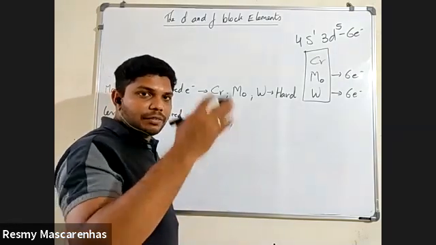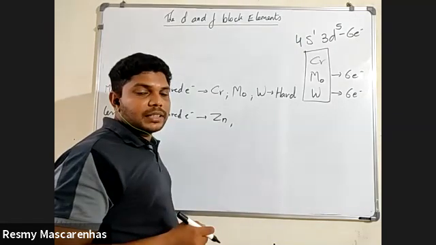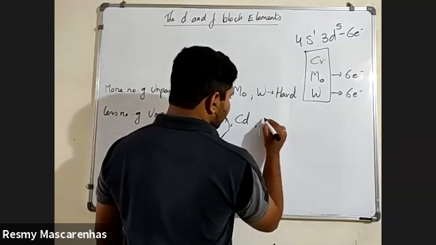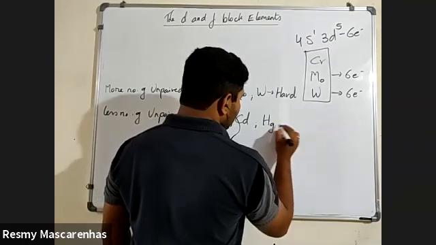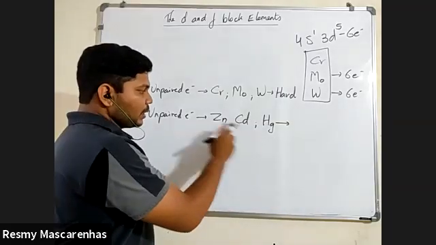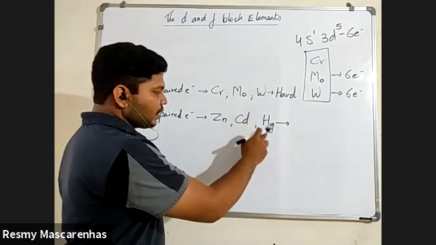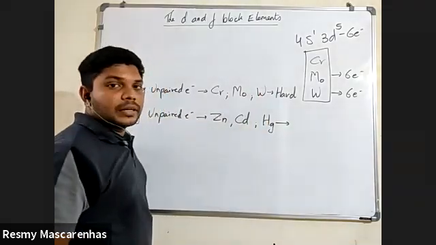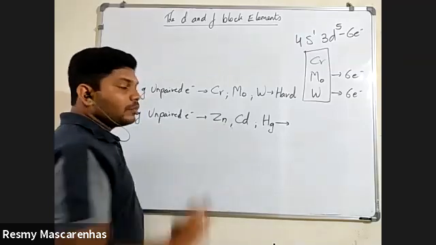Zinc is in the first transition series. What is there in the second transition series? Cadmium. Very good. And the third one is mercury. Okay, so these are the elements: this is in first transition, this is in second transition, this is third. These have the lowest number of unpaired electrons.